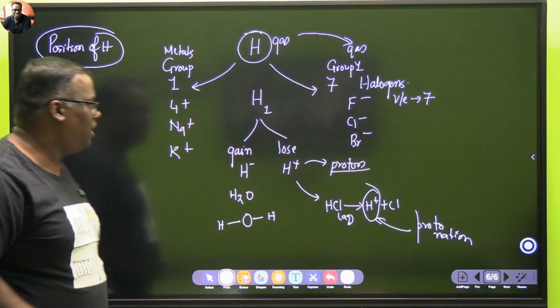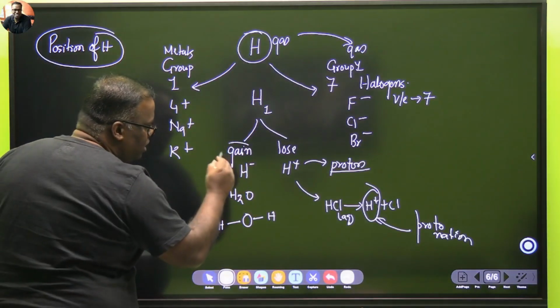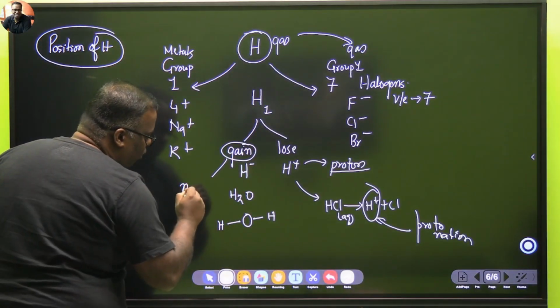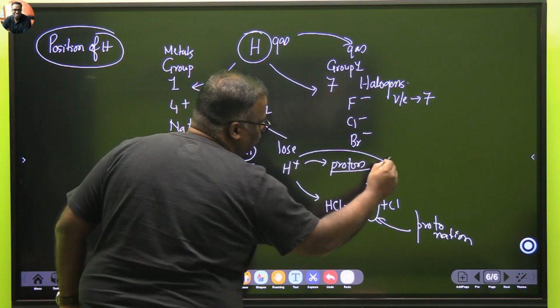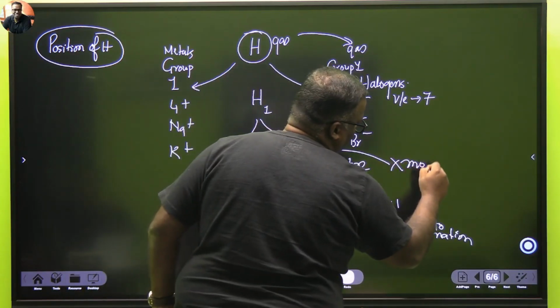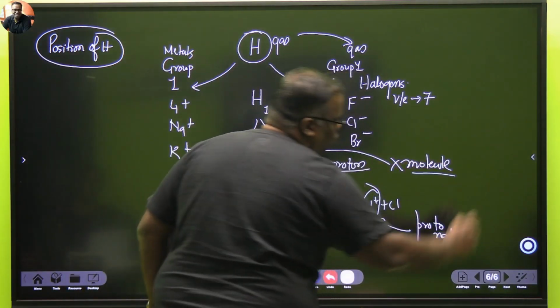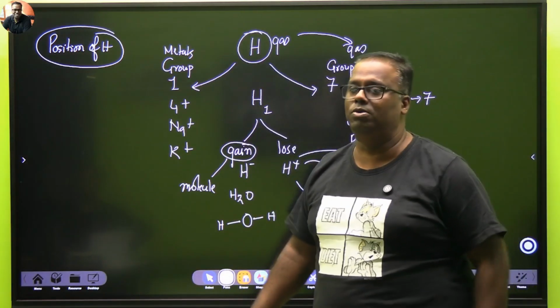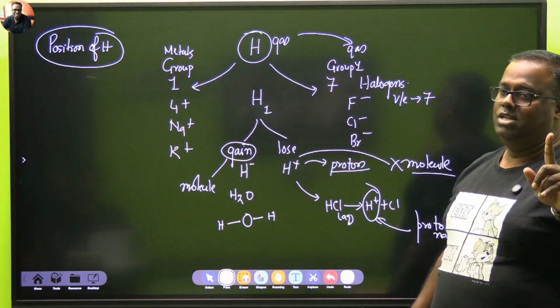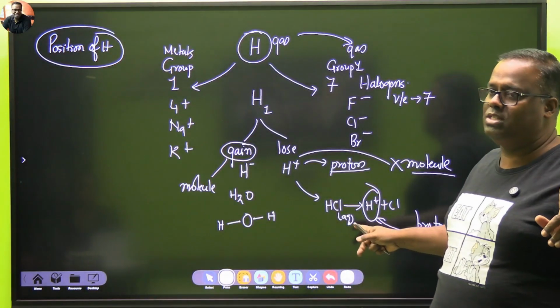What does not happen is that while hydrogen can gain to form a molecule, hydrogen can never lose and form a molecule. That cannot happen. Show me one molecule where hydrogen has lost an electron and formed a compound. It does not happen. Hydrogen can only lose an electron to show acidic behavior.